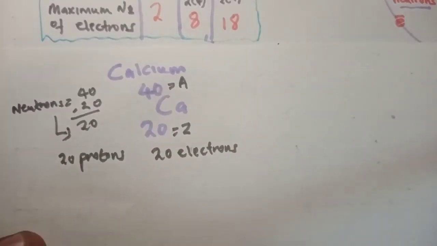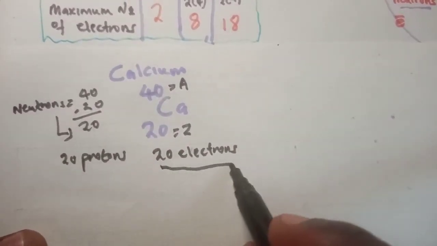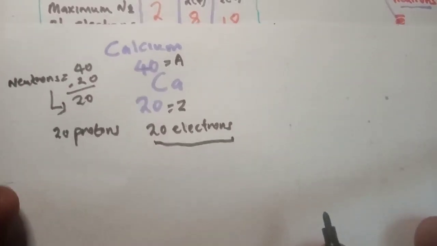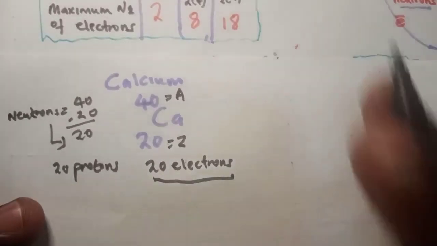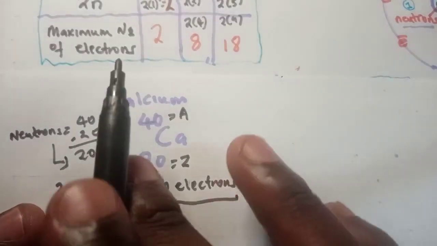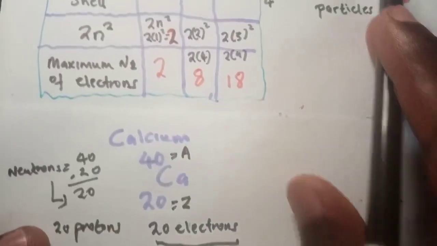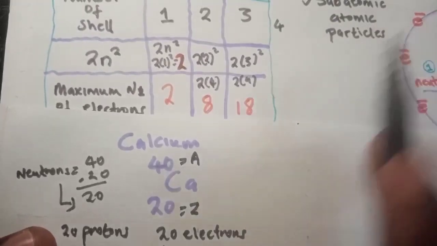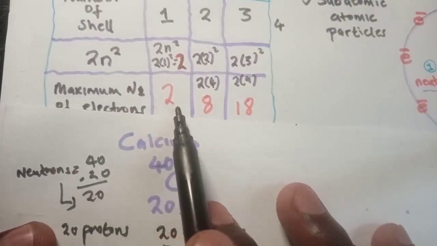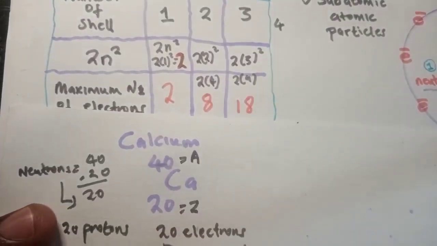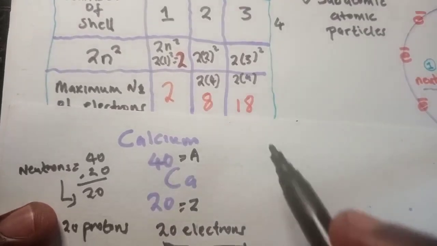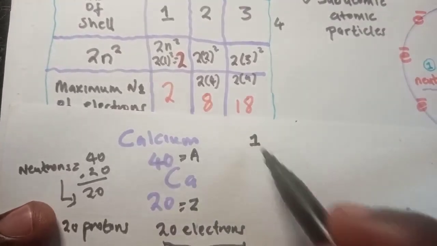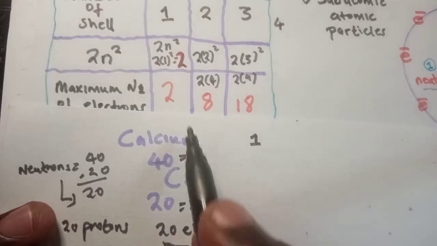But here we're interested in how these electrons are arranged. We've already said shell number 1 can occupy 2 electrons maximum, but we have 20 electrons. So we're going to start. Shell number 1 can occupy only 2 electrons.